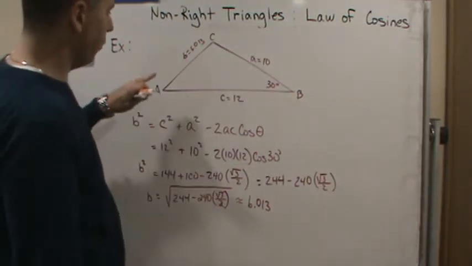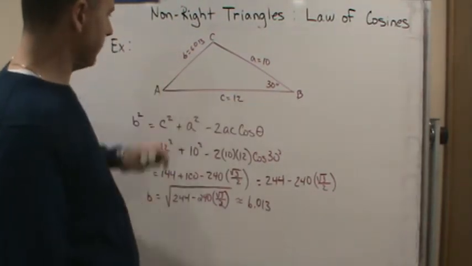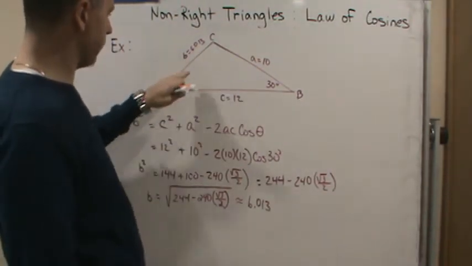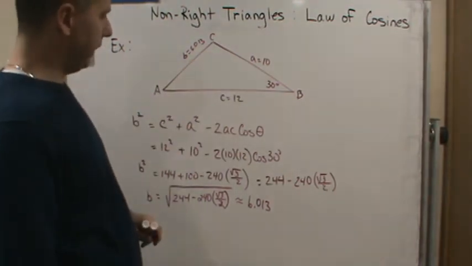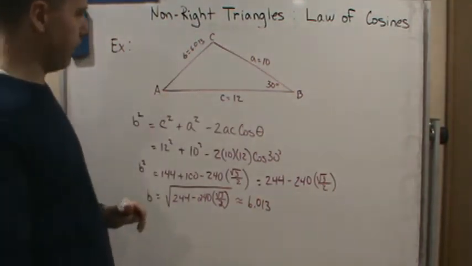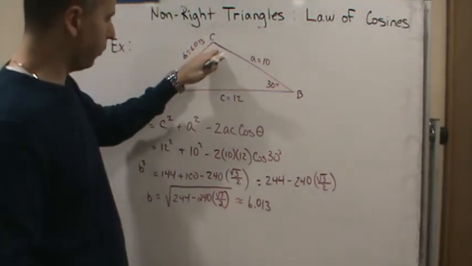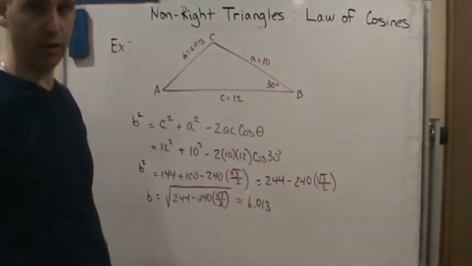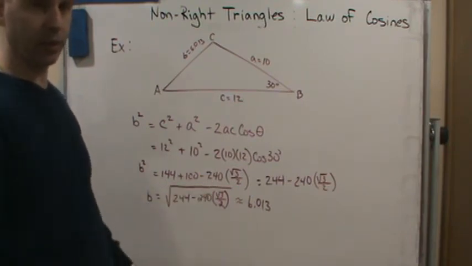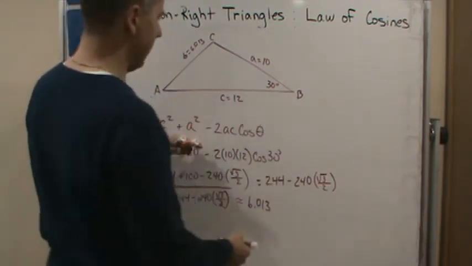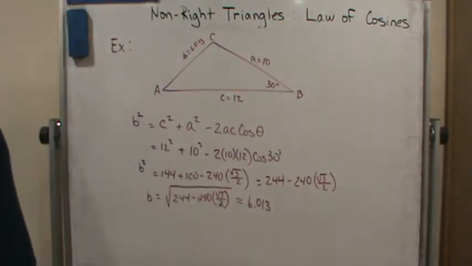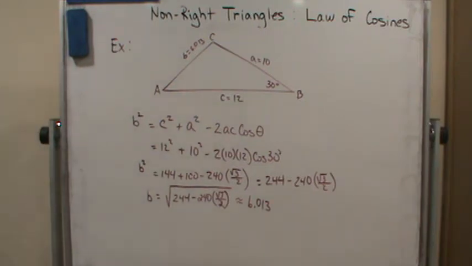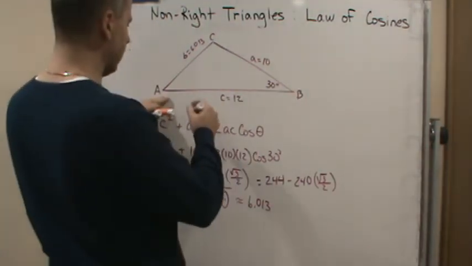Now we've got all three sides, and all we need is to solve for one of these two angles, and then we can use the fact that the three interior angles of a triangle add up to 180 degrees, and we're done. It doesn't matter which one we solve for, so let's do angle A.